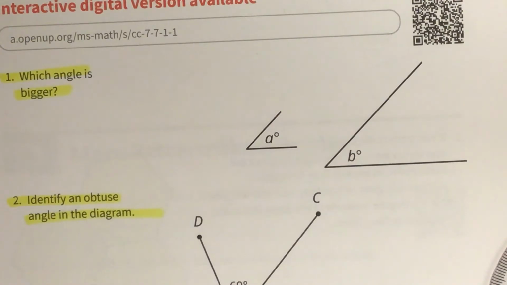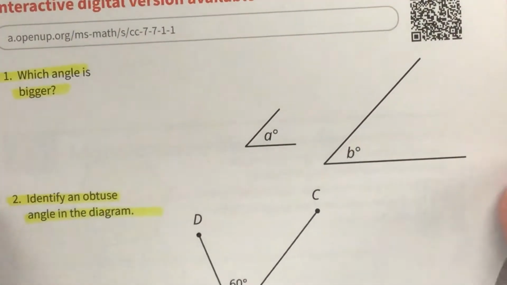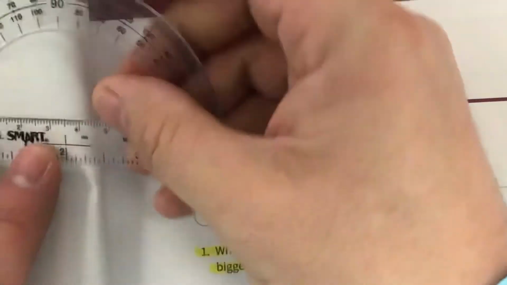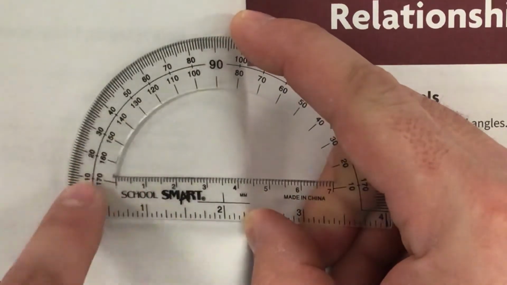Good. All right. Okay, then of course, if the angle would be going the other way, then we would use the 0 going this way. It'd be the same thing the other direction.